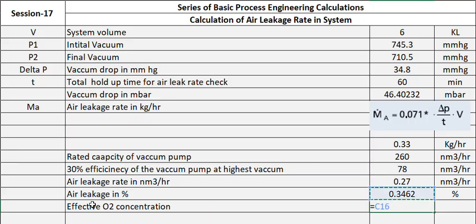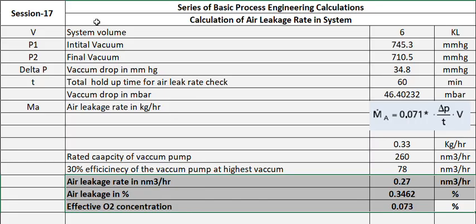So you will get how much percentage of oxygen content, that much percentage of O2 will remain in the system in case air leakage happens during the process.